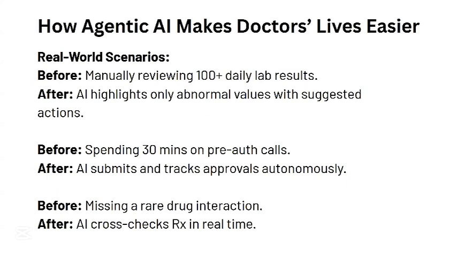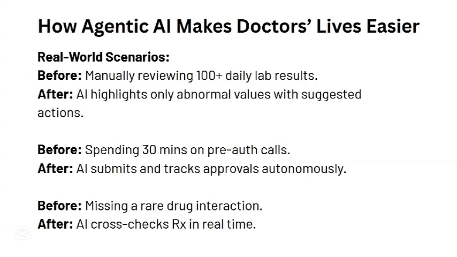Okay, how does agentic AI make doctors' lives easier? If you have to manually review a lot of patient-related documents, lab reports, and other reports, then the AI agent will be able to help you in identifying the cases with high risk and abnormalities and all the risky situations like that, and the agent will highlight those things to you.